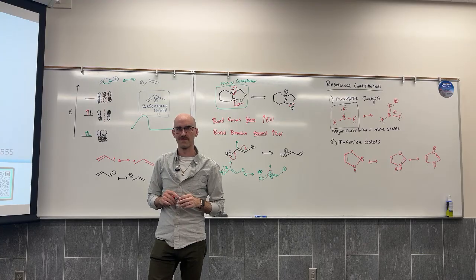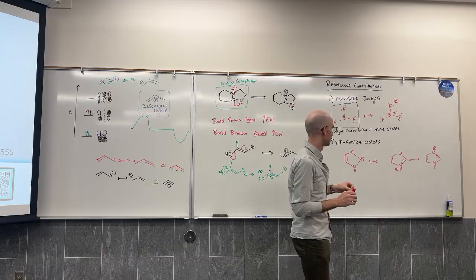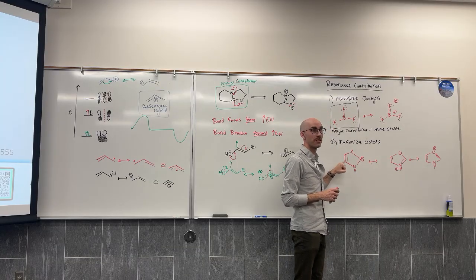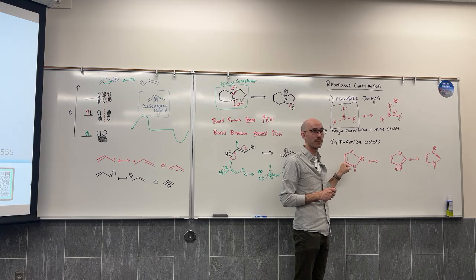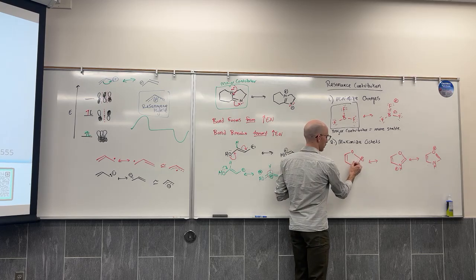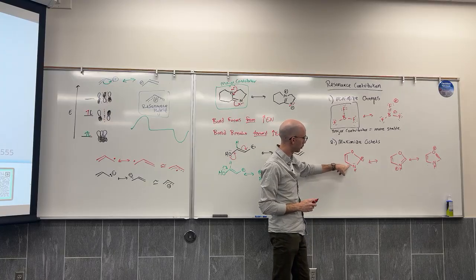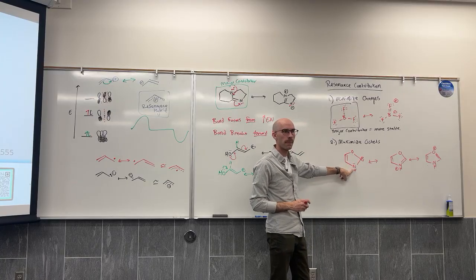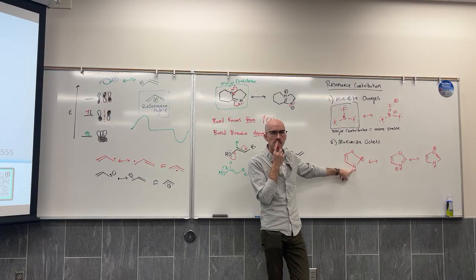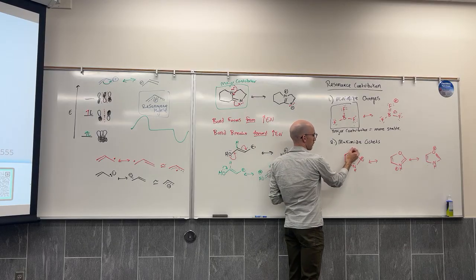Do lone pairs count for an octet? Lone pairs definitely count towards octets. Which one lacks an octet? Nitrogen only has 7, should have 8? Nitrogen has a lone pair. 2, 4, 6, 8. So nitrogen's got an octet.